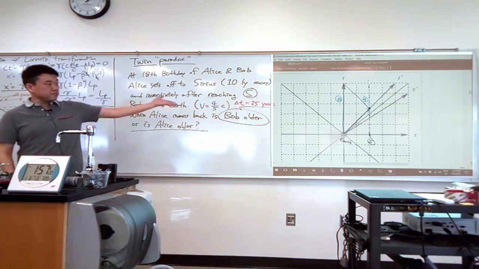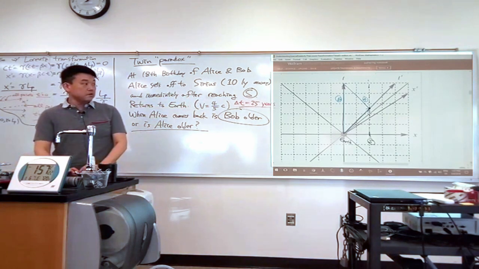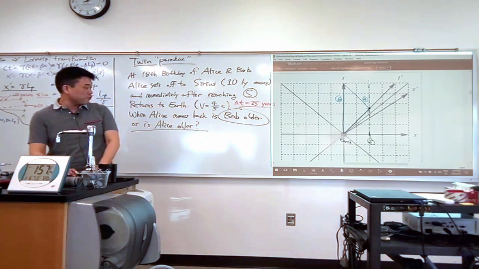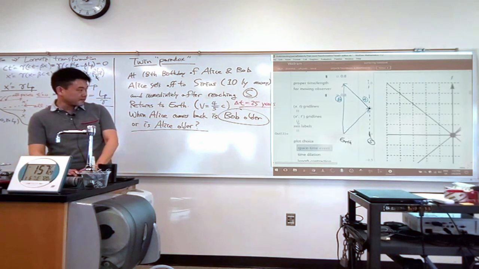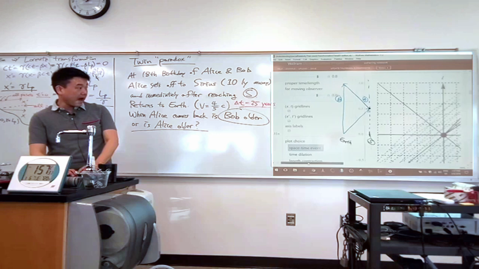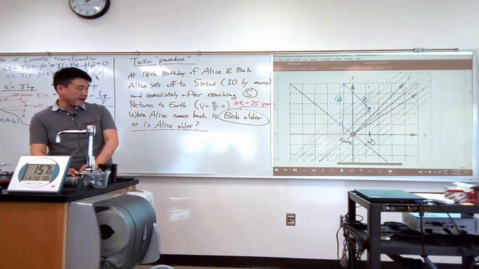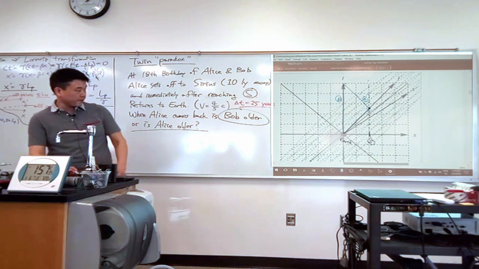So as Alice is moving away from Bob, let me replot the axis. That's going to plot Alice's sense of right now. Sorry, it's going to be very cluttered.